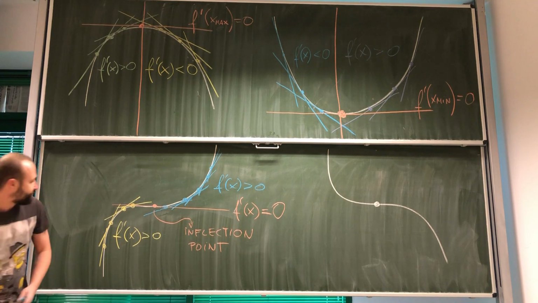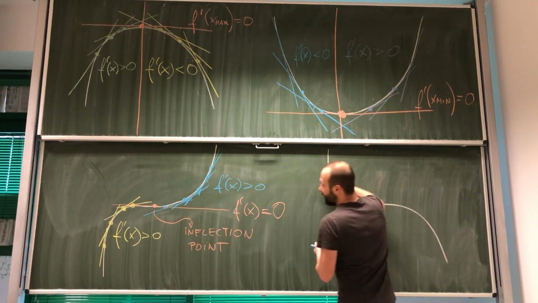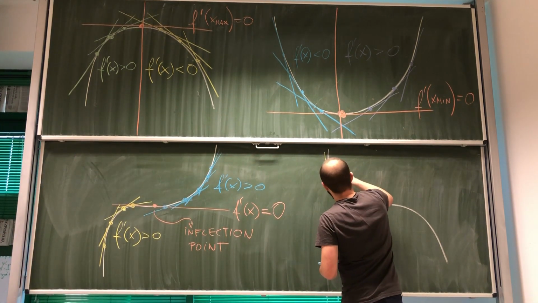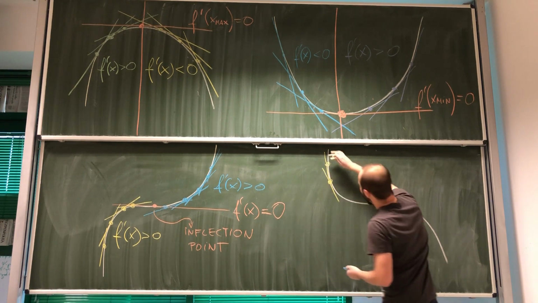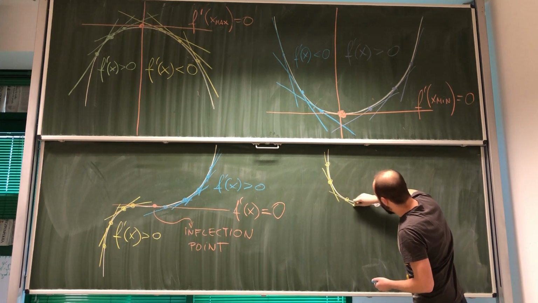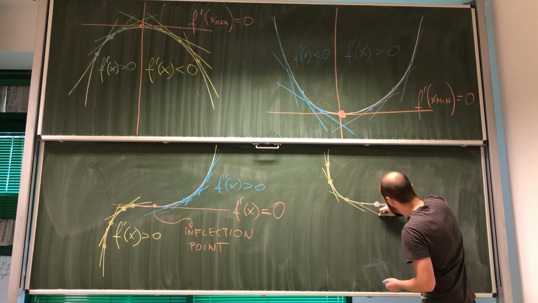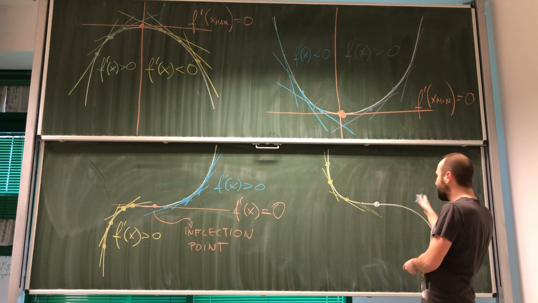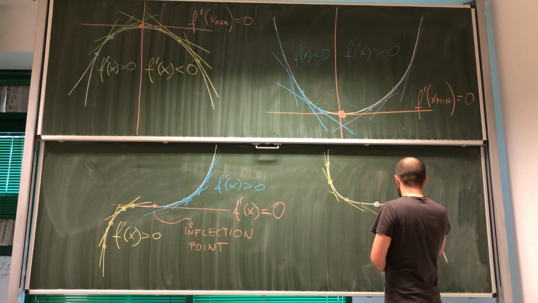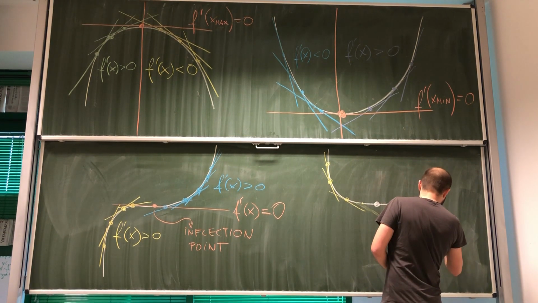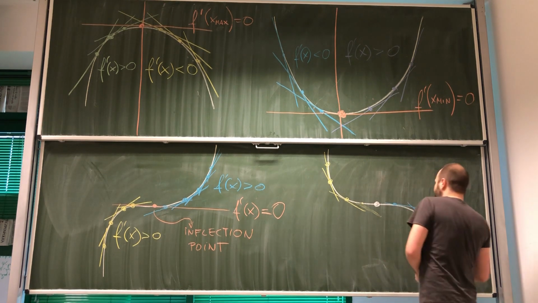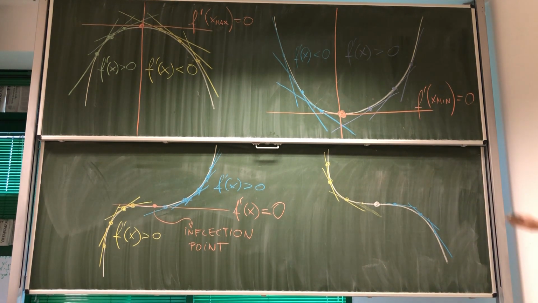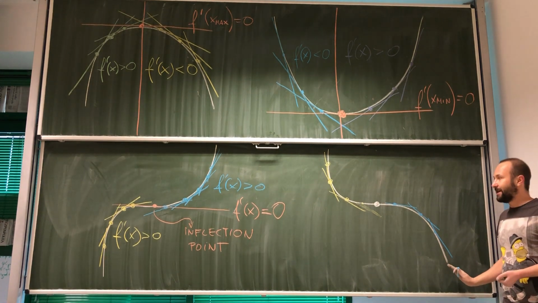Look, over here we see that the function is downward sloping. First, very fast, but it's getting less and less steep, right? Then, beyond this point, the function is still downward sloping, but it's becoming more and more steep, right?